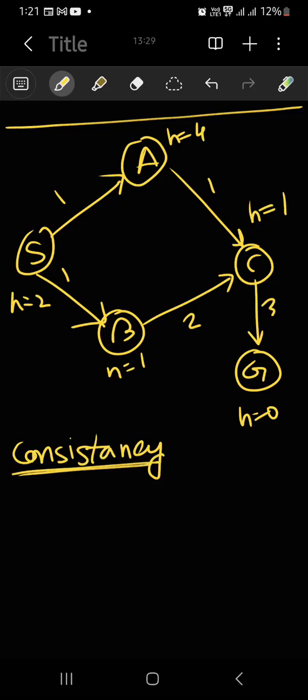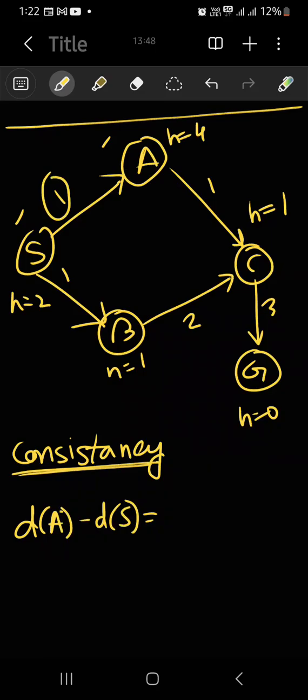So if we want to see whether the graph is following consistency or not, first of all we will be checking the distance between these two pairs of nodes. So what is the distance between D of A minus D of S? The distance is the actual distance, that is 1.